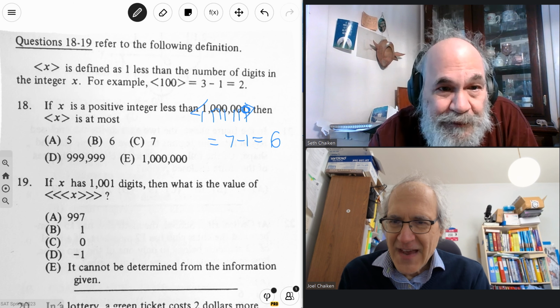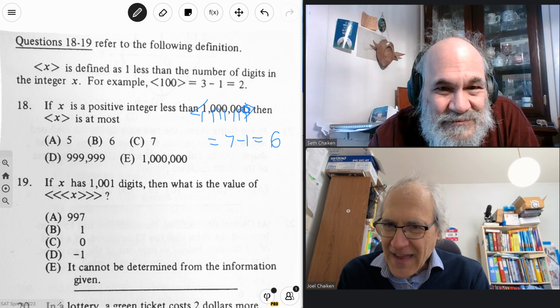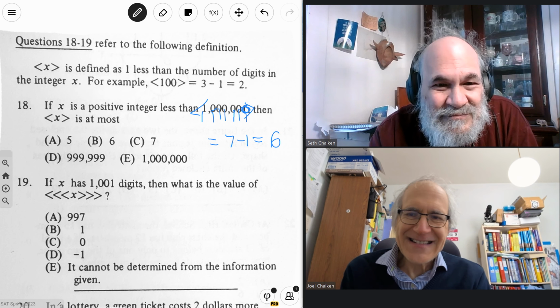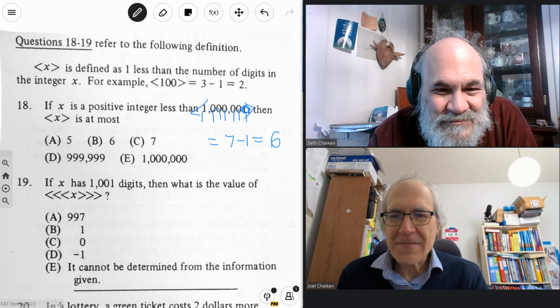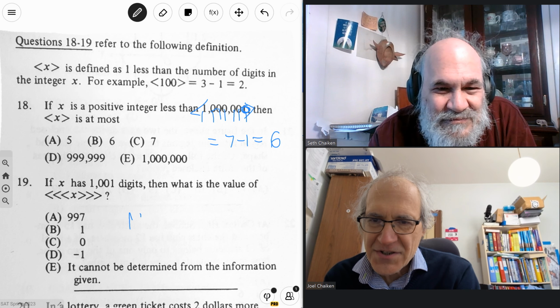Okay, if X has 1,001 digits. Wow. Okay, so X is not 1,001, but X has 1,001 digits. Oh, okay. Well, if X has 1,001 digits, then it's 1,001 minus 1.